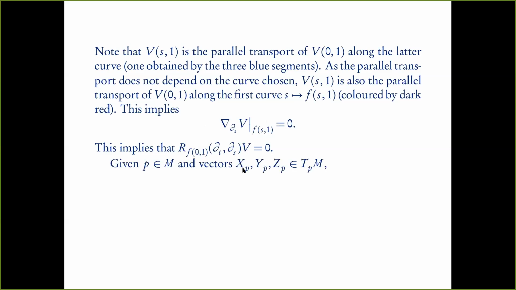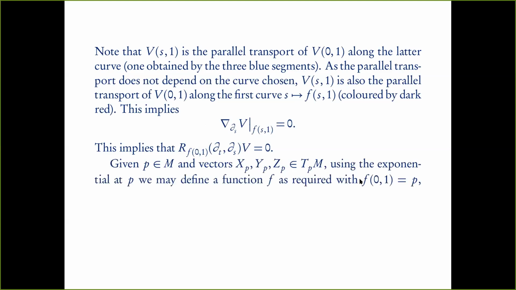Given p and vectors xp, yp, zp, I want to construct an f such that f of 0, 1 is p, del by del t at p is yp, del by del s at p is xp, and your v at f01 is going to be zp. If I can construct such an f for any choice of xp, yp, and zp, I'm done, because that tells me that R at p of xp, yp, zp is 0, which means the Riemann curvature itself is 0, because x, y, z was arbitrary and p was arbitrary.